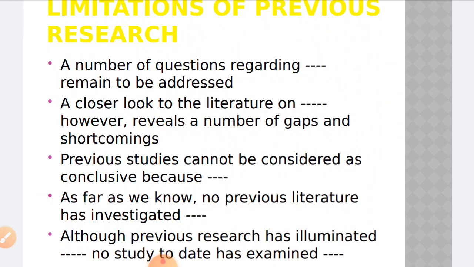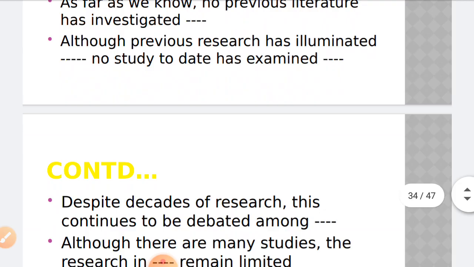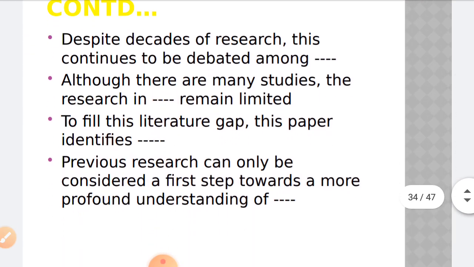As far as we know, no previous literature has investigated A, B, or C. Although previous research has illuminated so and so, no study to date has examined A, B or C. Similarly, there are other such patterns of vocabulary that can be used, phrases, word orders in this particular section of your research paper.